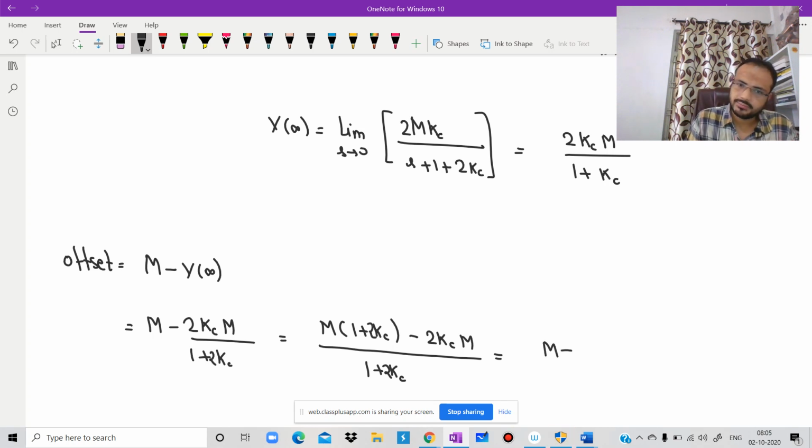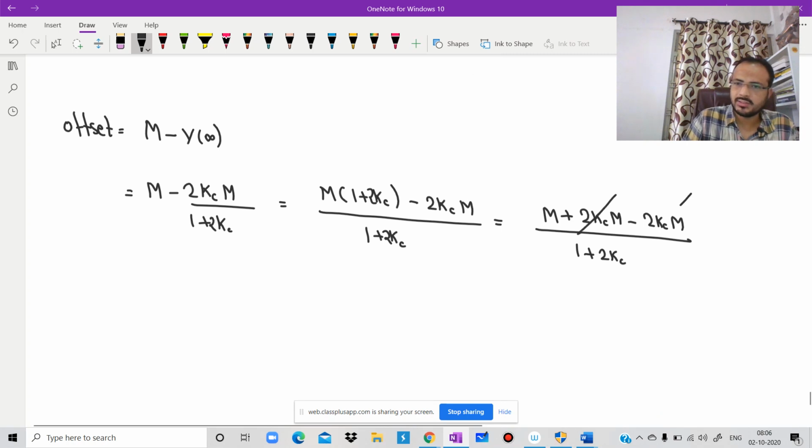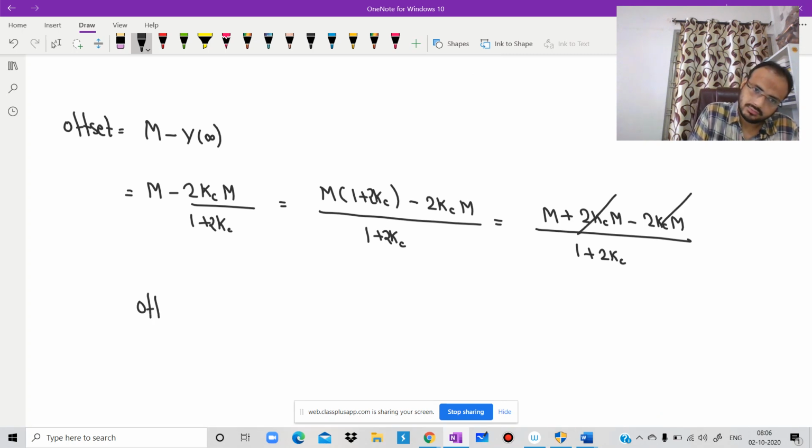You will get m. So you will get the value of offset. This term and this term will cancel out. M by 1 plus 2 Kc.